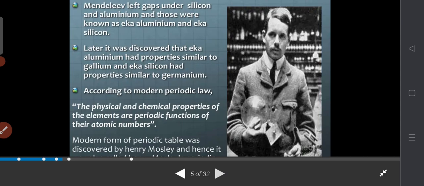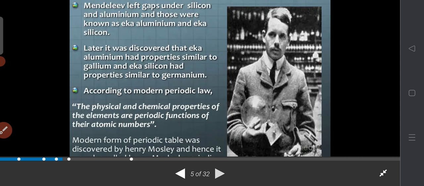Later it was discovered that Eka aluminium had properties similar to gallium and Eka silicon had properties similar to germanium. Aluminium is in group 3, so Eka aluminium is in group 3 with gallium, because elements in a group should have similar properties, and Eka silicon is situated with germanium.